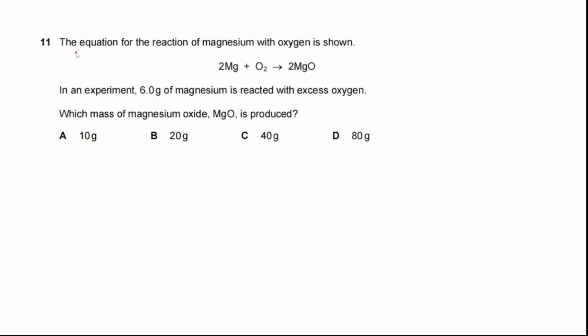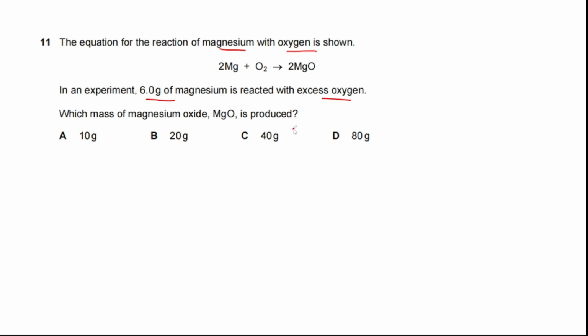Question number 11. The equation for the reaction of magnesium with oxygen is shown. 2 magnesium plus oxygen gives you 2 MgO. In an experiment, 6 grams of magnesium is reacted with excess oxygen. Which mass of magnesium oxide, MgO, is produced?